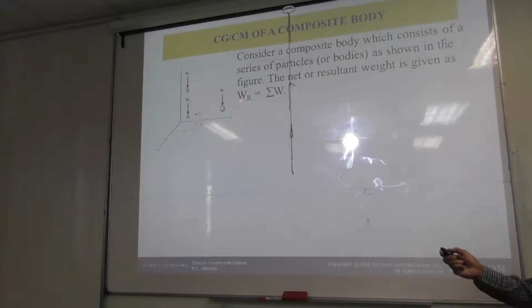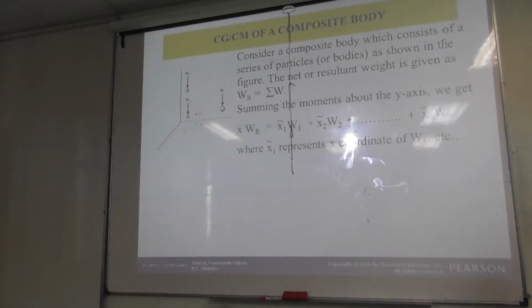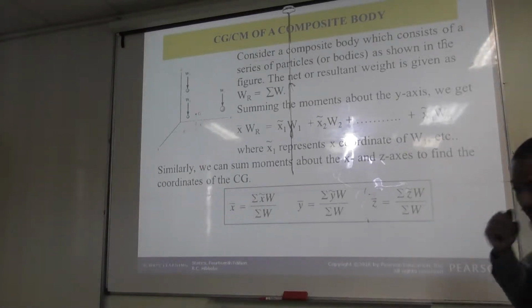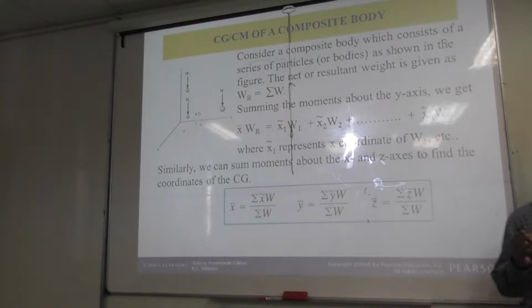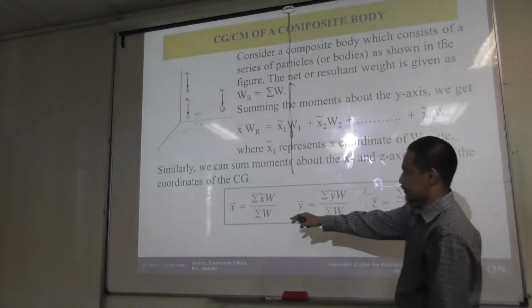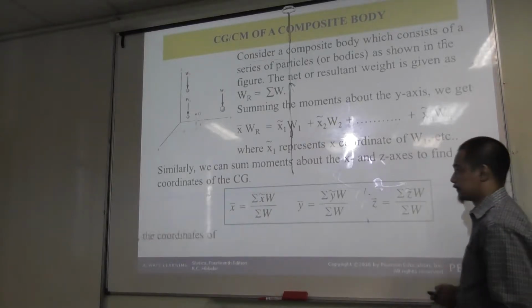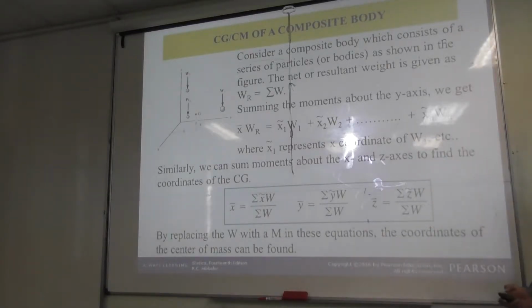So as a result, the total weight is the summation of all weights, and then we end up with this equation with the understanding which we have learned from before, right? The equivalent, and then the simplification, and where the location is for a single force, right? So basically, a moment divided by the summation of force or weight.